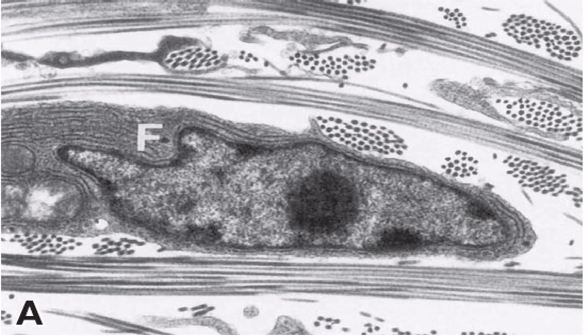So this image is providing an electron microscopic view of a chick embryo fibroblast, and this fibroblast, F, is embedded in a collagen-rich extracellular matrix environment.